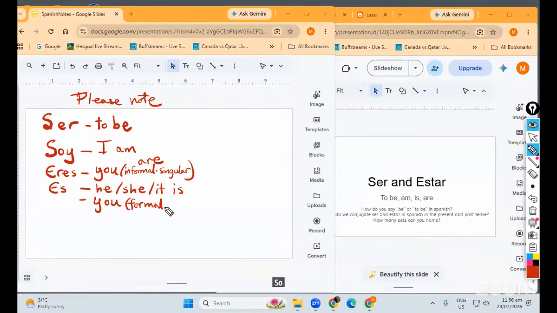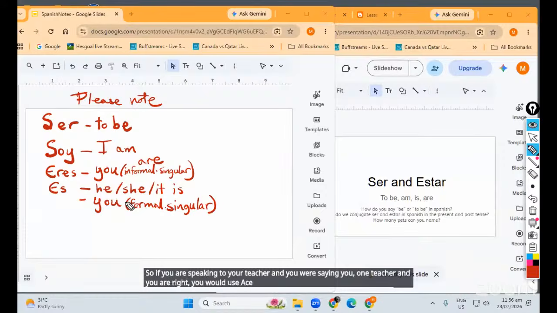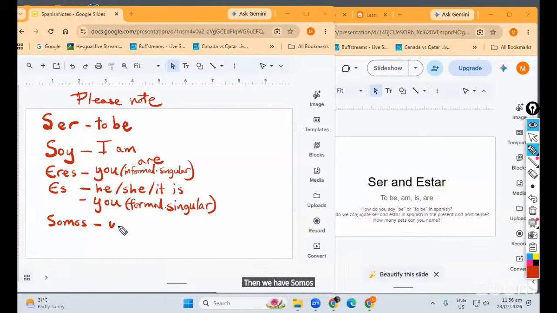So if you were speaking to your teacher and you were saying you, one teacher, you are, you would use es. You would say ustedes. Then we have somos, which is we are, and we have son, which is either they are or you, plural, are.